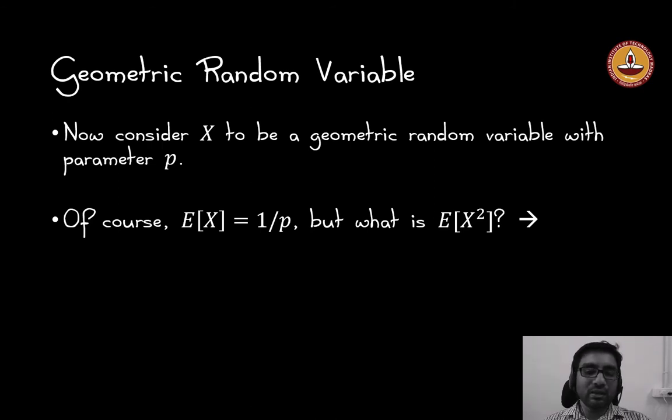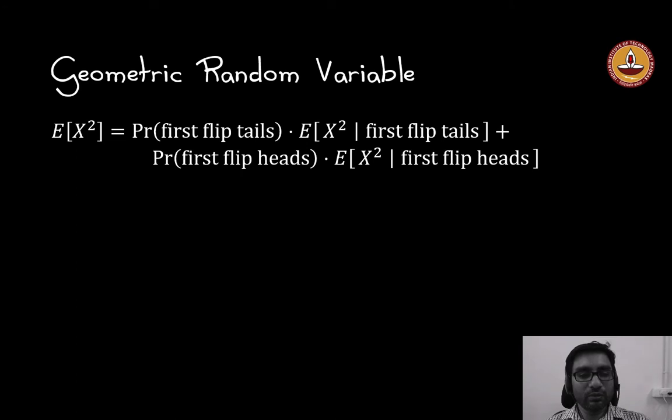And towards understanding the variance, we first want to compute E of x squared, and that's what we're going to do now. Let's consider what E of x squared is, and we'll write it out using the law of total expectation. To compute x squared, we break the universe into two parts.